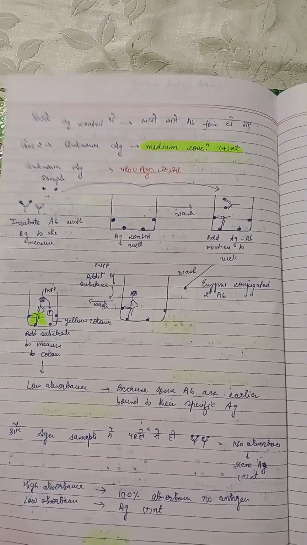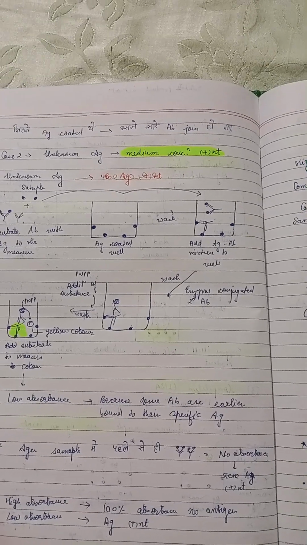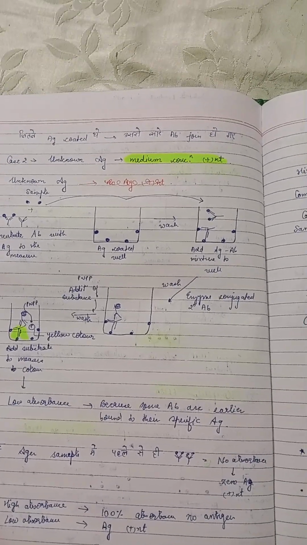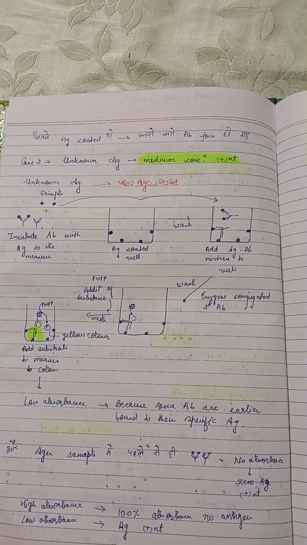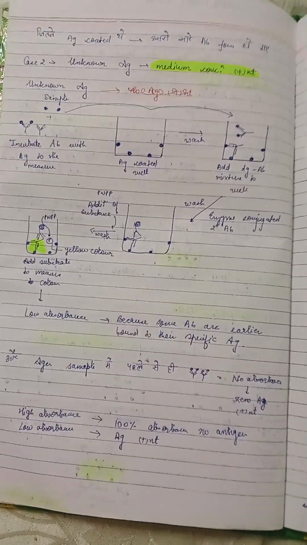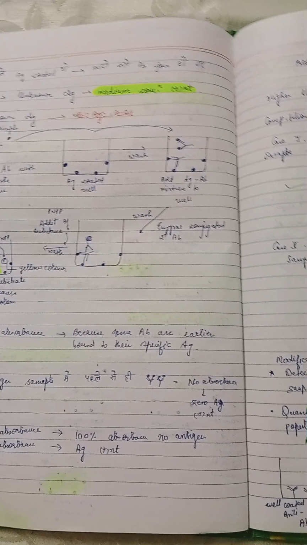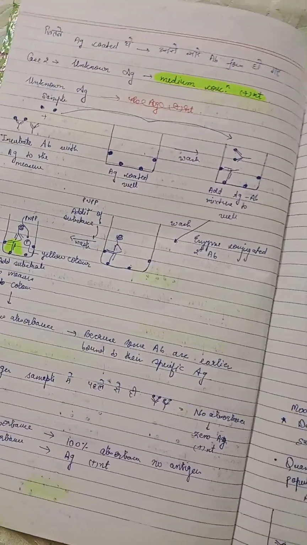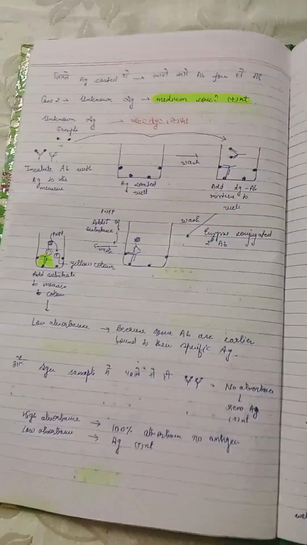This will show you less color. Low absorbance is shown because of the previously present medium concentration of antigen. So high absorbance means no antigen and low absorbance means antigen is present. This is ELISA and its types.